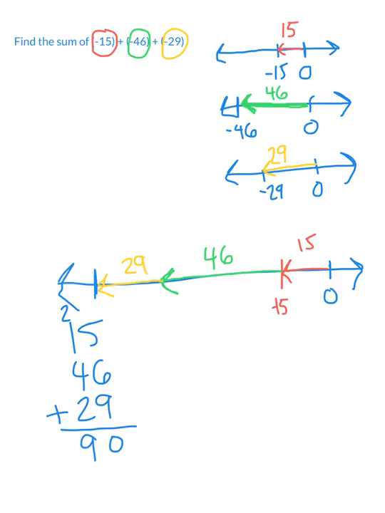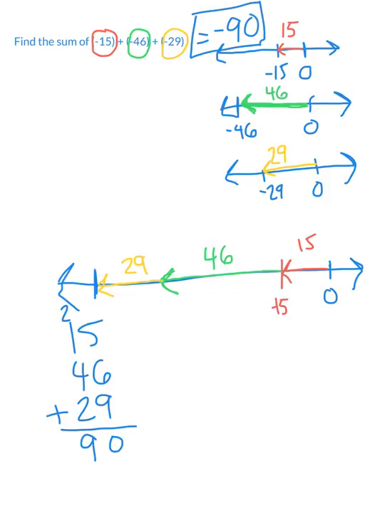And what I need to remember though is that all these numbers are stacking to the left. So my final answer, this distance right here, is a negative distance. So I'm going to write my answer as negative 90.